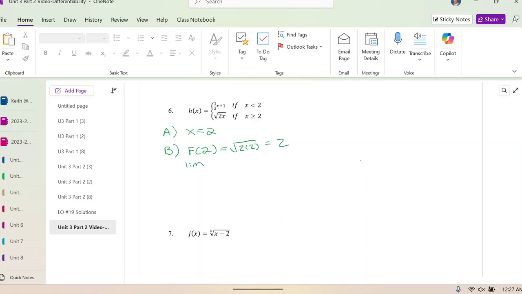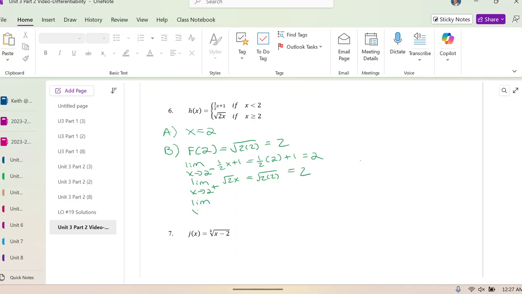The limit as x approaches 2 from the left, well, from the left, it would be 1/2 x plus 1, which is 1/2 times 2 plus 1, which is 2. The limit as x approaches 2 from the right is the square root of 2x, which is the square root of 2 times 2, which is the square root of 4 is 2.